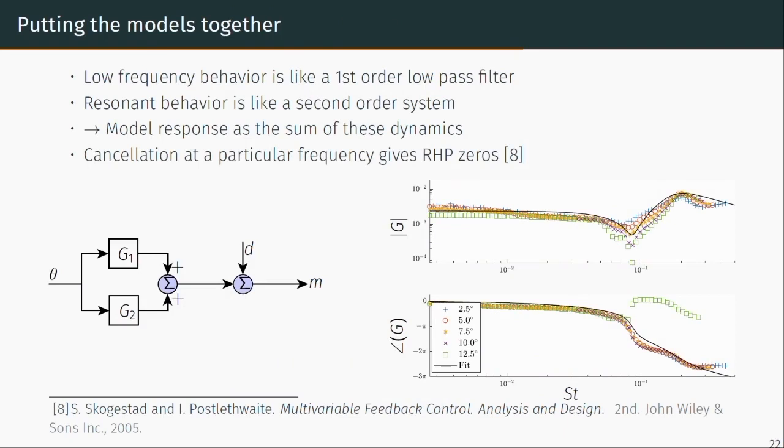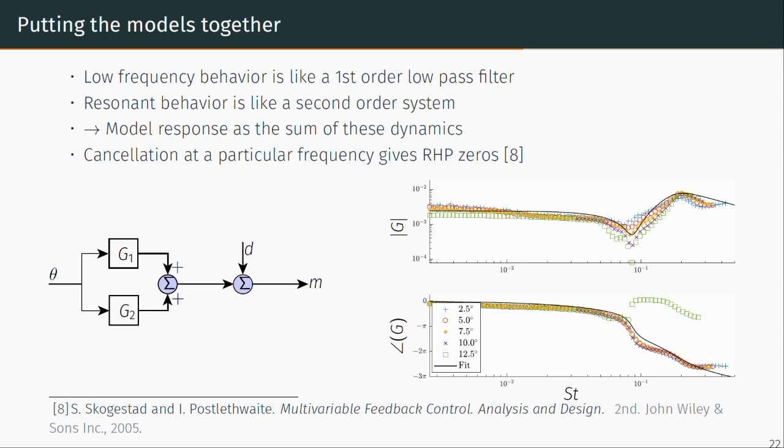So if we think that our low-frequency behavior, which corresponds to either the flipping of the wake between these two bistable configurations, or a slow deflection of the wake, acts like some sort of first-order low-pass system, which is consistent with our first model, and then if we think about this behavior around Strouhal number 0.2, we can think that acts like a linear second-order system, which is resonant at that frequency.